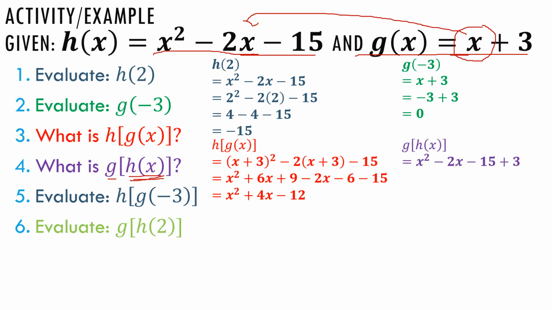So instead of writing just x, i-copy natin yung h of x na x squared minus 2x minus 15, since ito yung domain ng g. And then copy ang plus 3. Combining like terms, we have x squared minus 2x, then negative 15 plus 3, the answer is negative 12. This is the final answer for number 4.